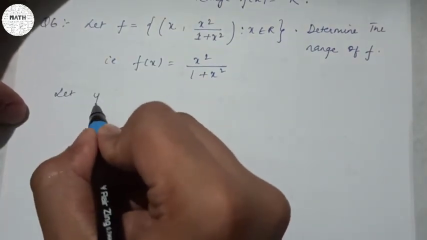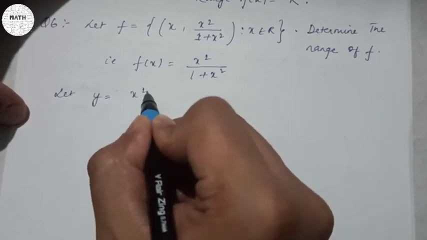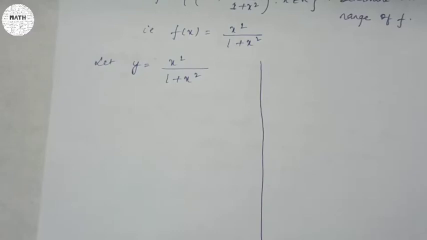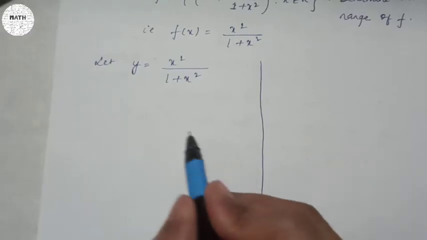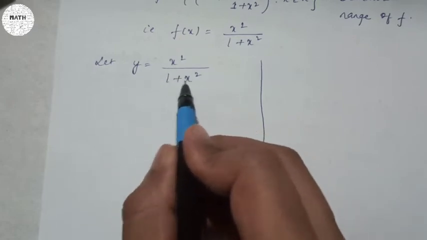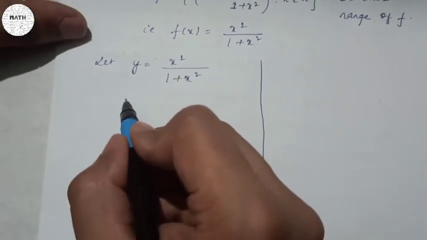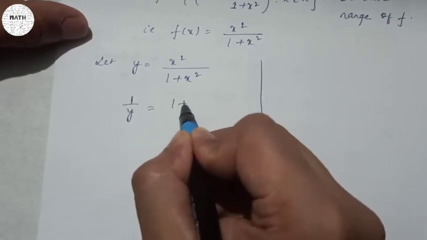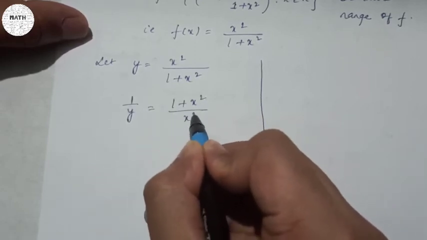So let y is equal to x squared divided by 1 plus x squared. Okay, you can pause the video whenever you like, okay? Just go through it nicely. So y is equal to x squared divided by 1 plus x squared. Okay, the next thing I'm going to interchange, so that will be 1 by y is equal to 1 plus x squared divided by x squared.